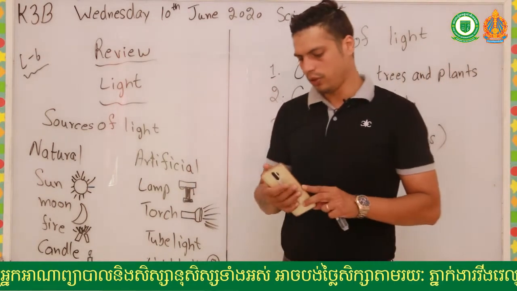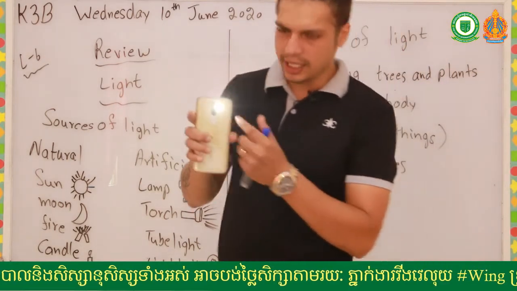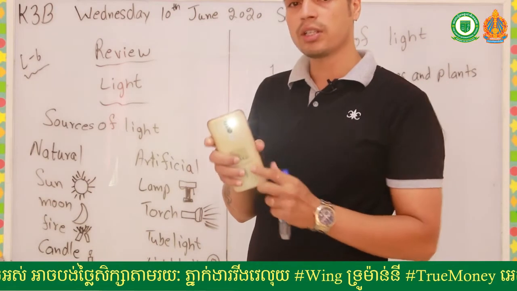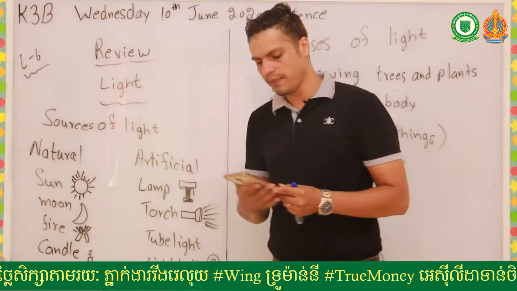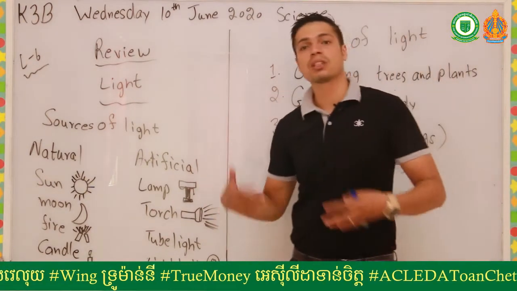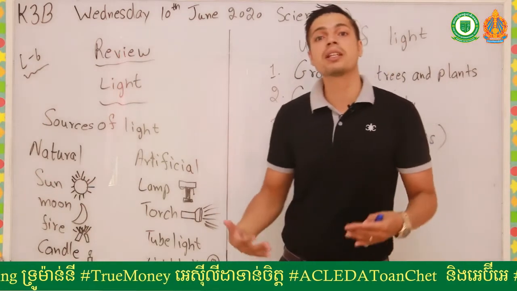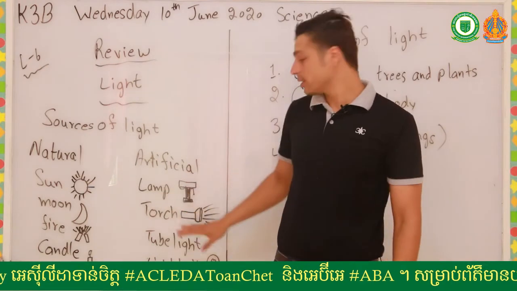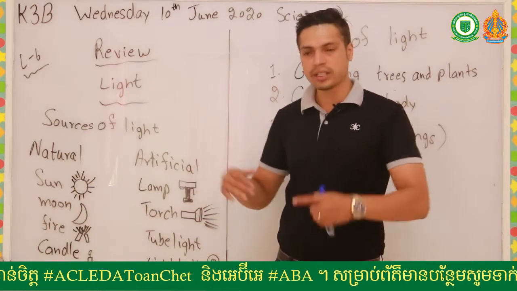Okay, I will show you. As you can see, this is a torch. Torch we use to see things at night time. So artificial things we mostly use at nighttime when it's dark and we cannot see anything in the room. So we use artificial lights to see things.